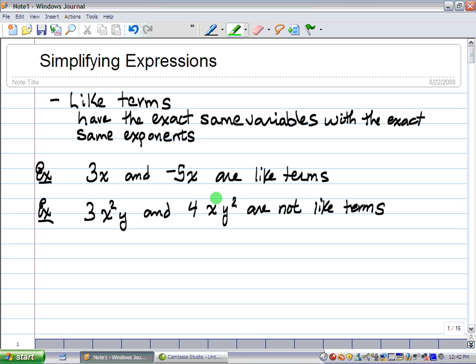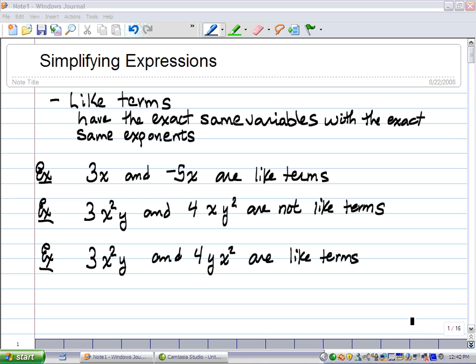Here, there's not a power written. You could say there's an invisible power of 1 there. The y has a 2, but the y in this one does not have a 2. 3x squared y and 4yx squared are like terms because both of them have an x to the second power and a y.